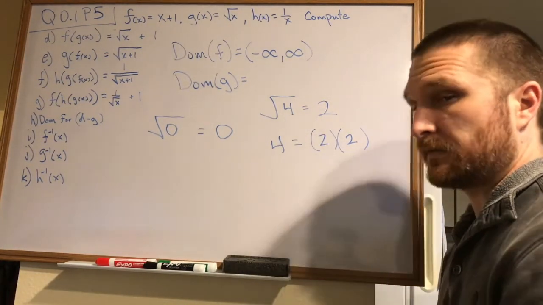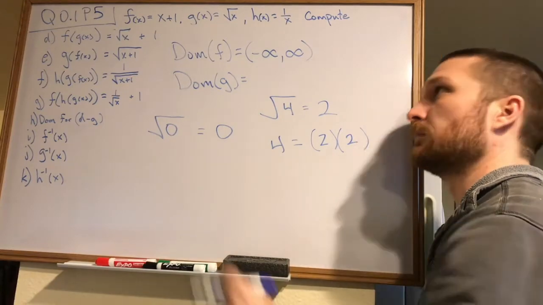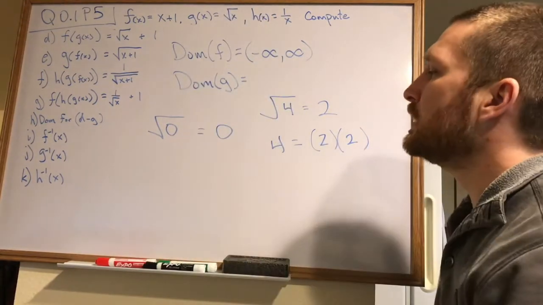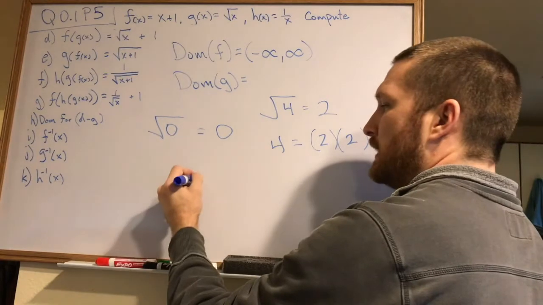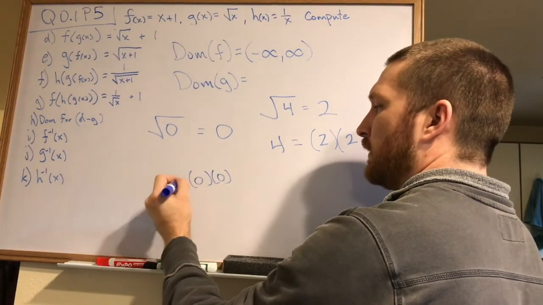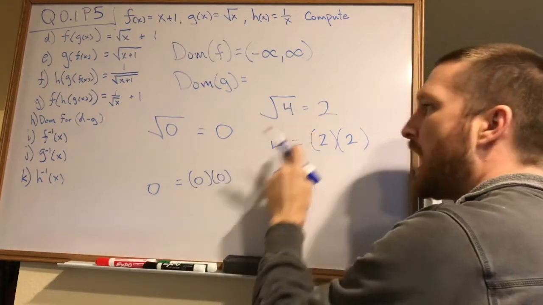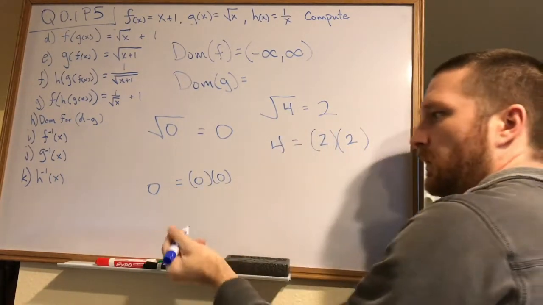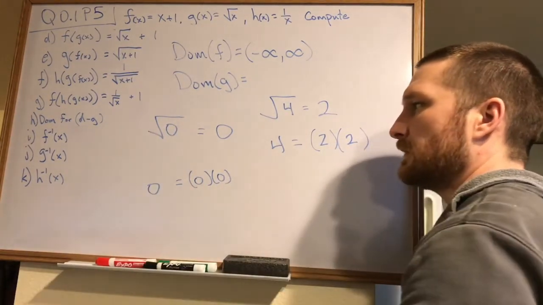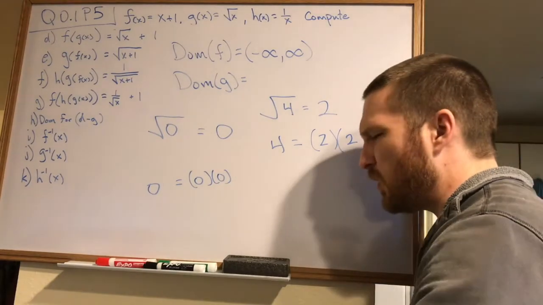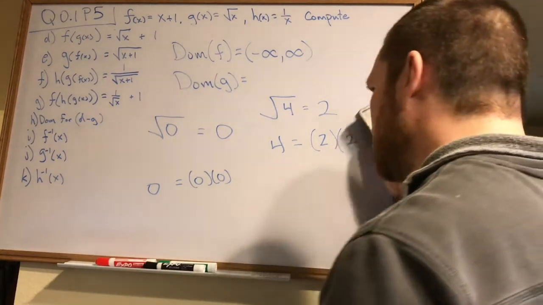The positive square root. There's also a negative square root, but we're talking about the positive square root. So it is the case that 0 times 0 equals 0, so just like that, the square root of 0 is equal to 0. Perfectly fine. We have no problems plugging in 0.